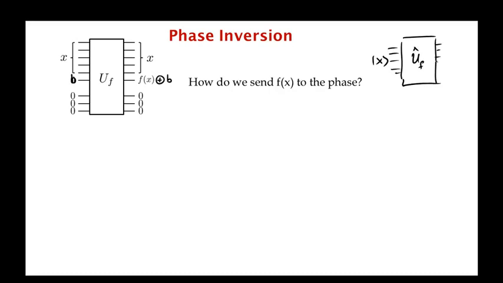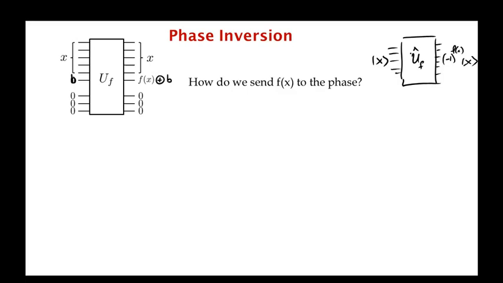What we wanted to do is map x to -1 to the f of x, x. Right? So remember, f is a Boolean function, and f of x is 0 for almost every input. The only input on which f of x is 1 is the needle, x star.